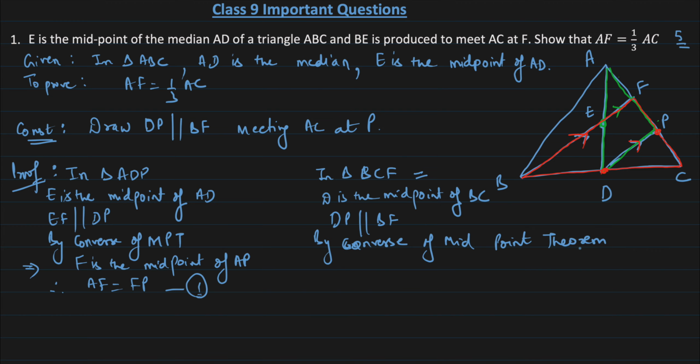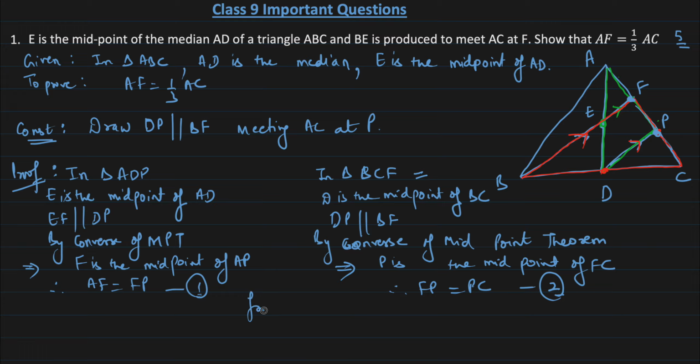Some say write the full form. So whatever your teacher says, do that, to get marks. Then we say that P is the midpoint of FC. So we got F midpoint of AP, we got P midpoint of FC. So from here I got FP equals PC. This is equation number 2.